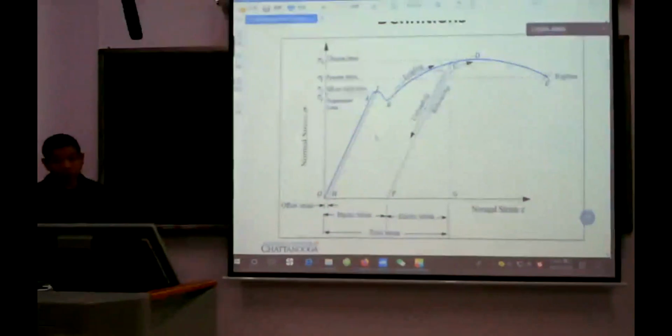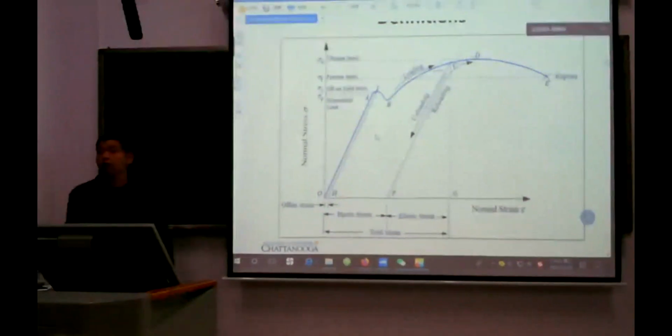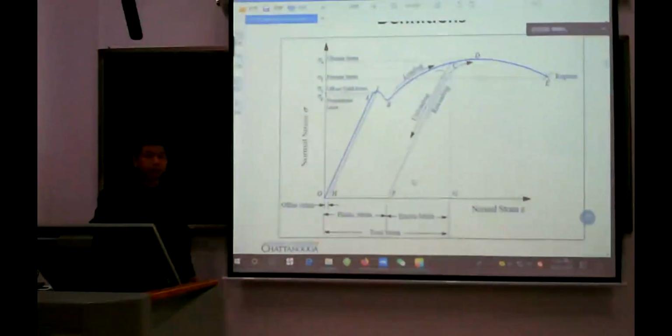Because it's a straight line, we call it Hooke's law. E is a constant.